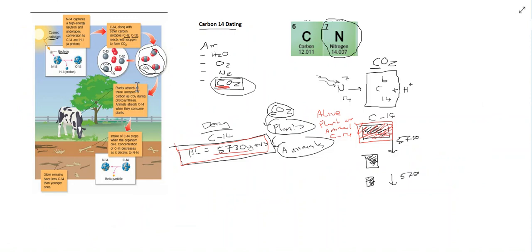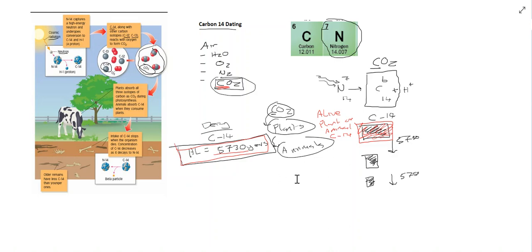So that's essentially how radioisotopes such as carbon-14 can be used to date, for example, animal remains or plant remains as well. And also, they can be used to date anything that contains carbon in it. So if you think about, for example, paints and different things like that, those paints will be animal or plant based, and as a result, they'll contain carbon-14.